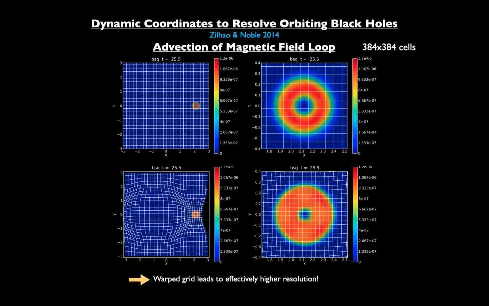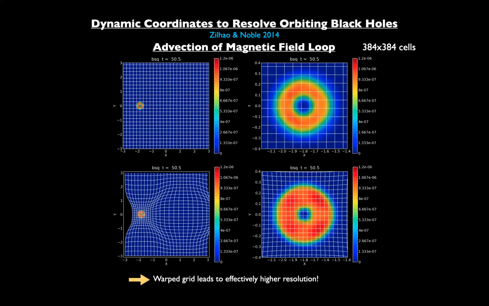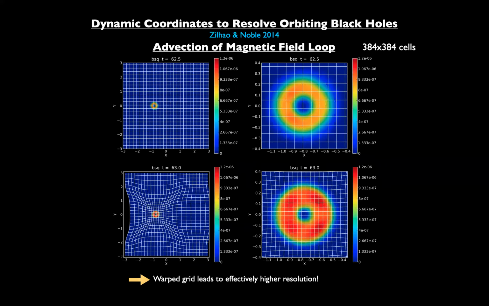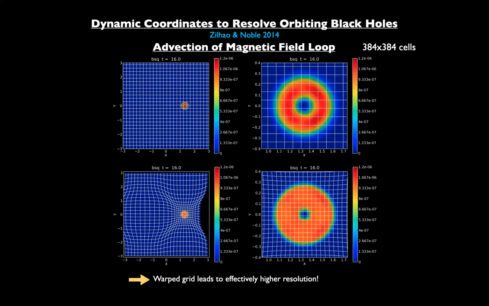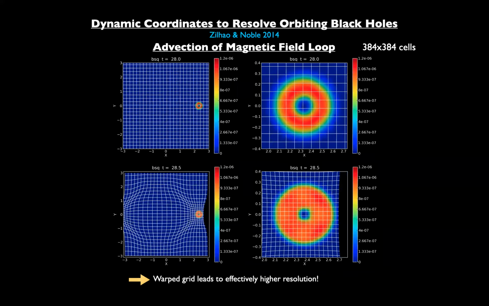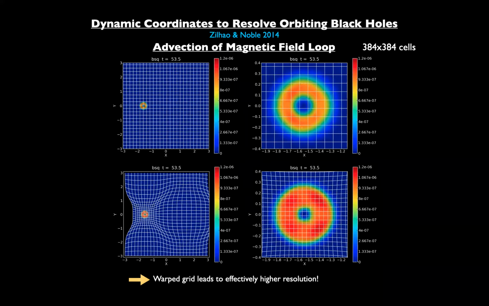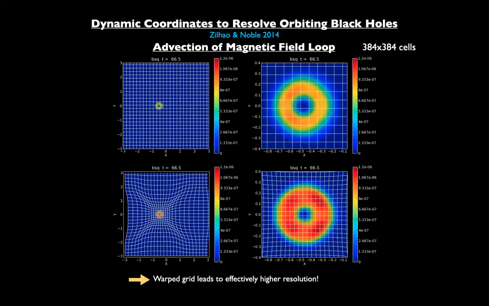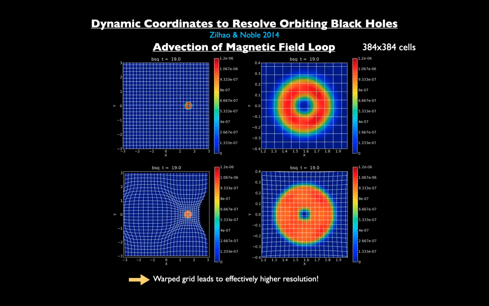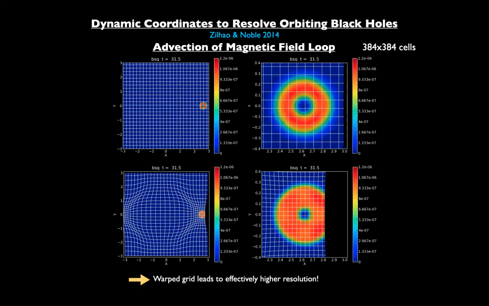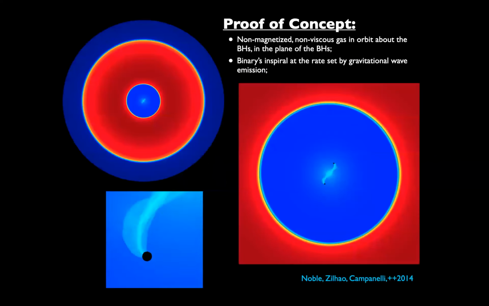This is a field loop test that we've used at the same resolution, warped and non-warped, so uniform and this warped system. So we affect the warp with the field loop. We can maintain better field loop conservation with this. You can see the warping. Because the cells are fixed, the warping means that the boundaries are warped too. That's why you got that phenomenon happening.